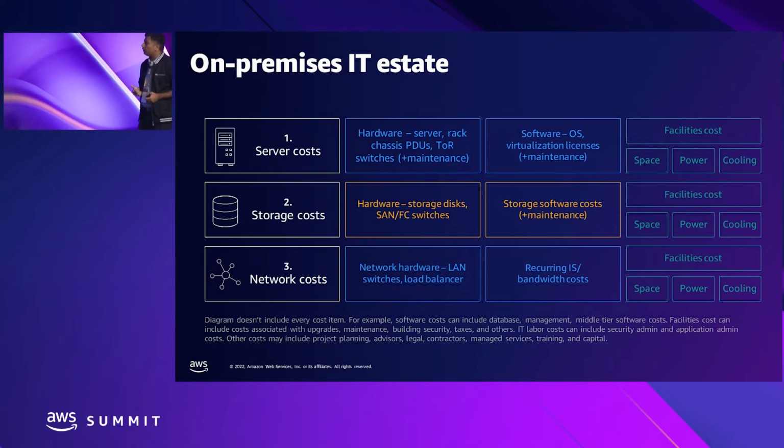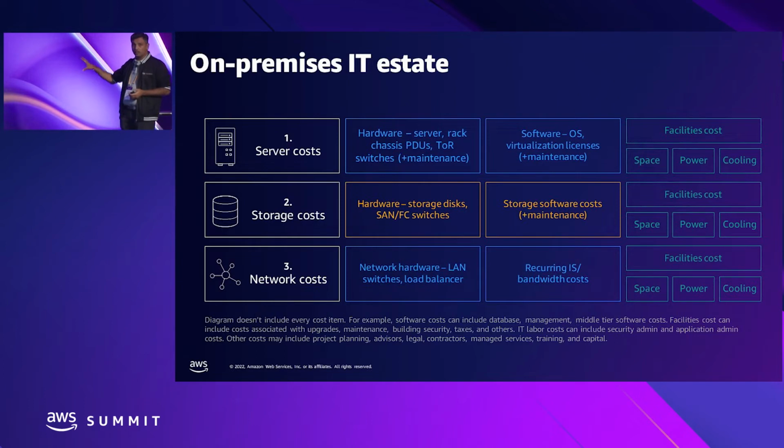So when we talk about discovering and mapping the on-premise IT infrastructure estate, it essentially includes the facilities cost, cost of space, power, cooling, cost of licenses, licensing of hypervisors, operating systems, databases, software, bandwidth cost, networking licenses.